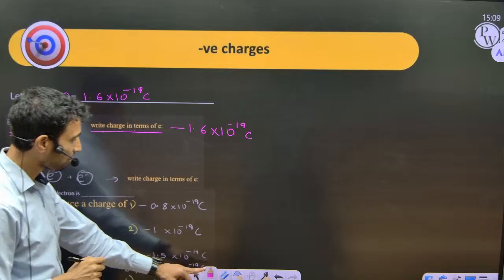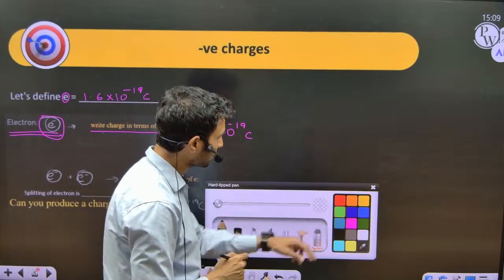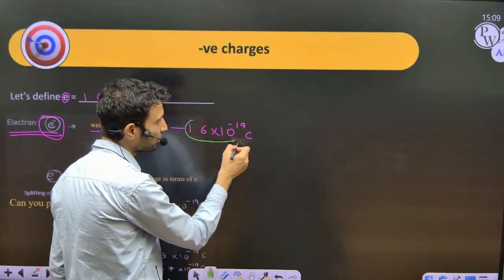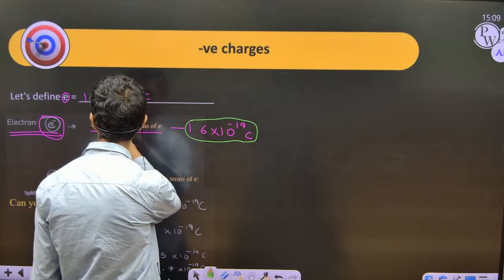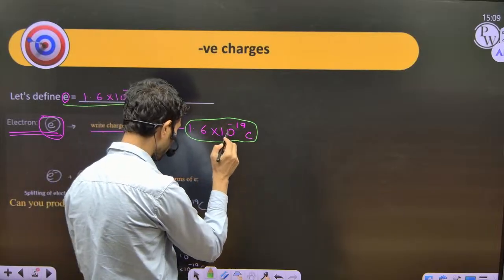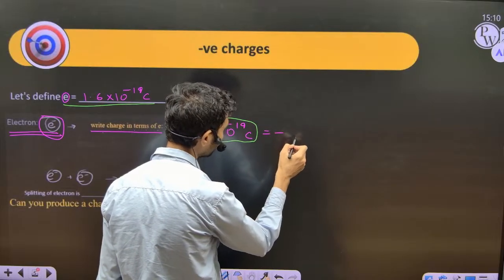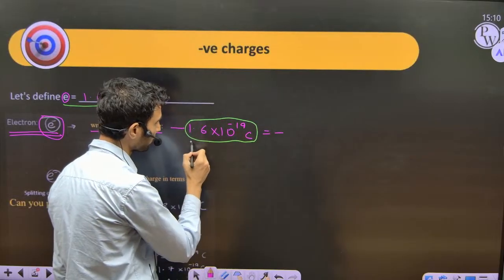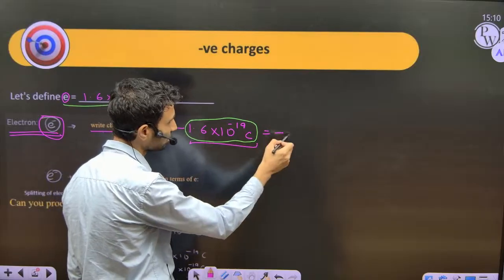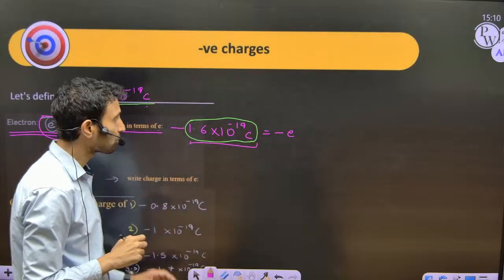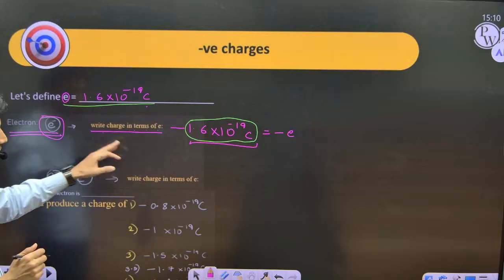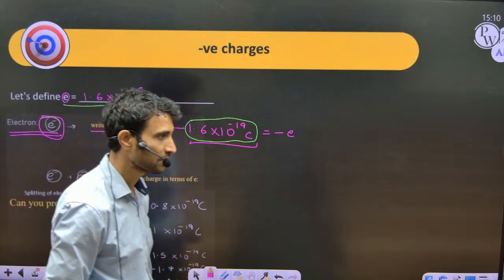Since I already told you that this big value, which I am not going to repeat time and again, I have called e, in short I could have simply written it as minus of this object, which I defined as e. So minus e. Basically I'm saying the electron charge is minus e. I hope that makes sense.